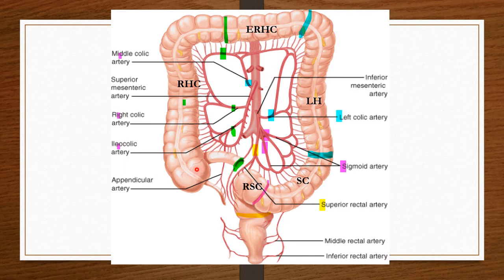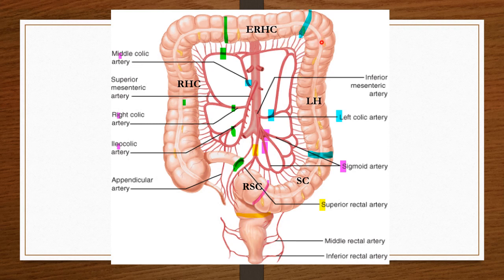So, cecum, ascending colon, and the whole of the transverse colon are removed. And to do this, apart from these arteries which I already mentioned, the ileocolic, the right colic, and the middle colic, both the left and right branches are ligated.